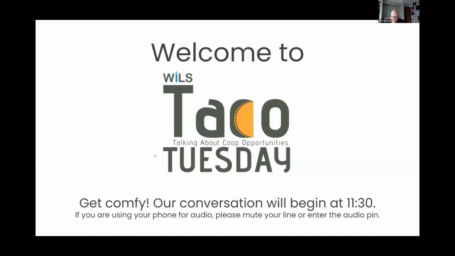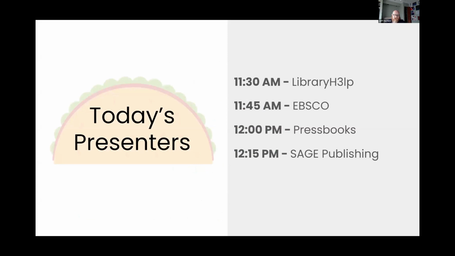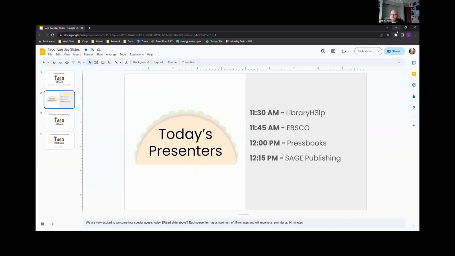All right, so here we are for our fourth presenter today for Taco Tuesday. Joining us is Greg, coming to us from Sage. Greg, I'm going to stop sharing my screen, and hopefully that will easily allow you to share yours. I keep losing my Zoom interface. I think it's because I put it on monitor. Here we go. All right, over to you, Greg.